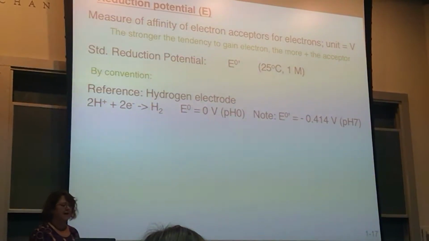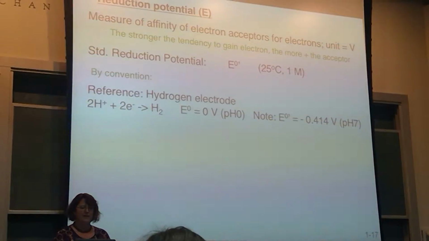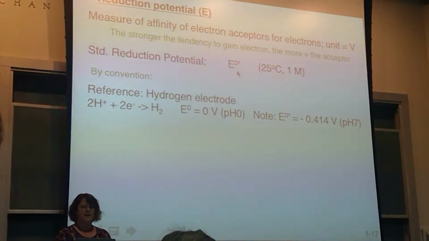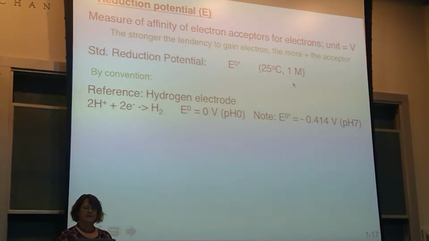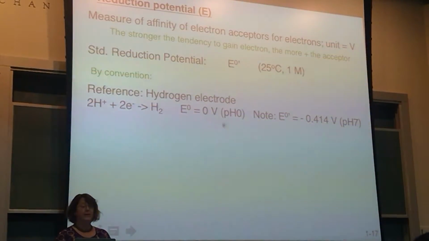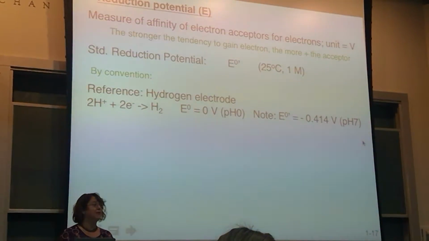So basically, by convention, it's just like the delta G. There's a convention, and the convention is the standard, which is 25 degrees Celsius and 1 molar. And the convention, again, is at pH 0, because these conventions were made by chemists. But we are talking about biochemistry, and so most of what we do is going to be at pH 7.